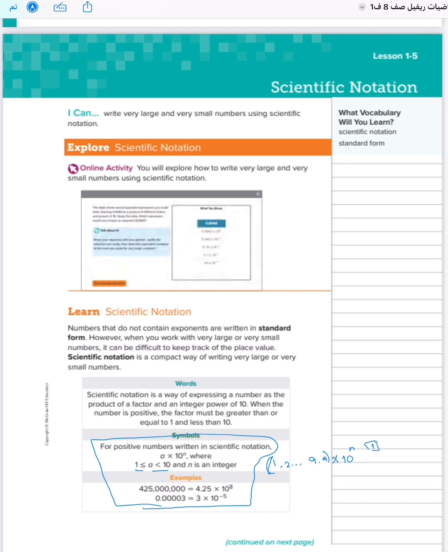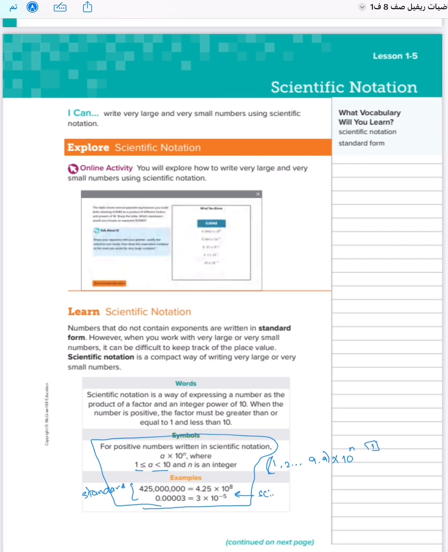The second thing: this is standard form, as we usually write, and this is scientific. Start with one number only, and then, if the number is like 1 times 10 power 8, why?